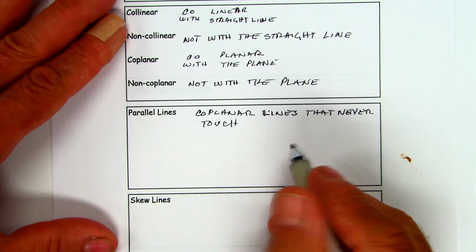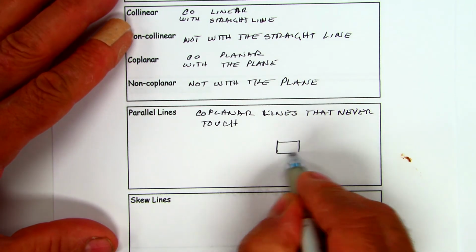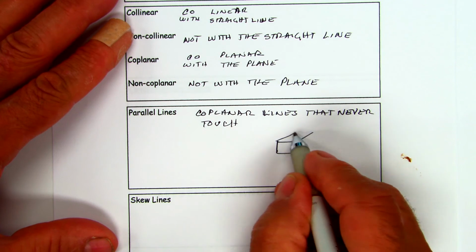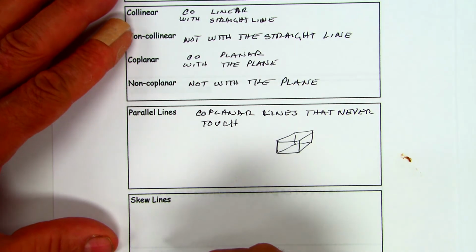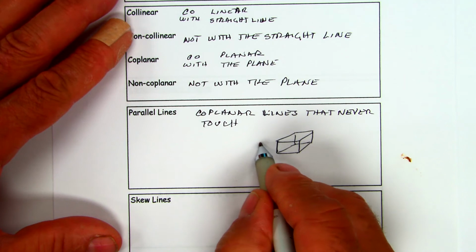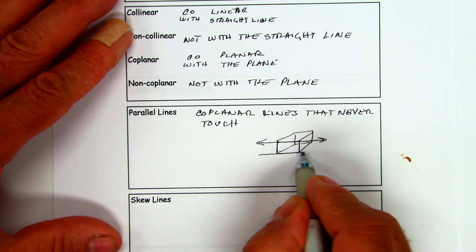So in other words, if we had something like this, a box like this, and we had a line here, a line here.